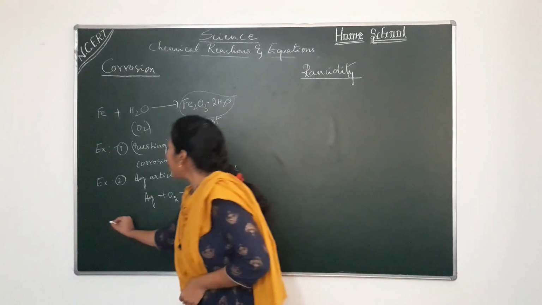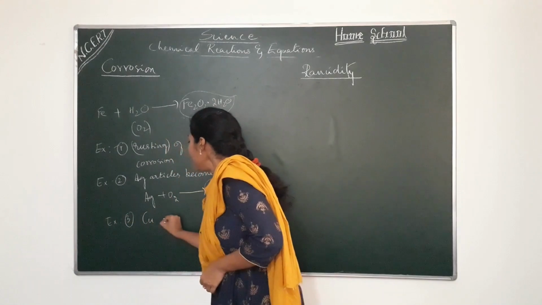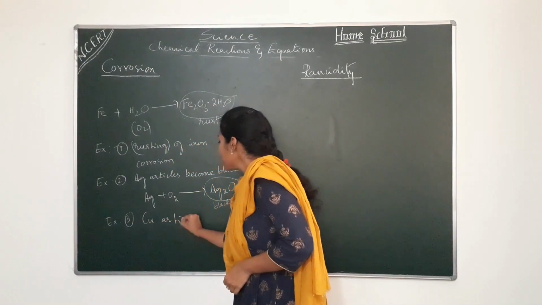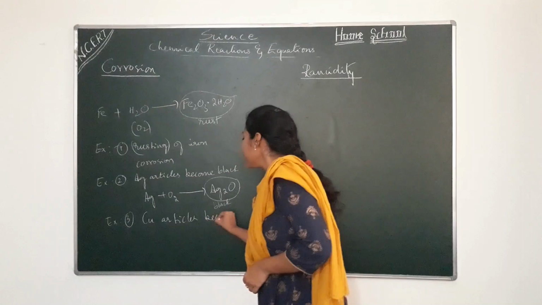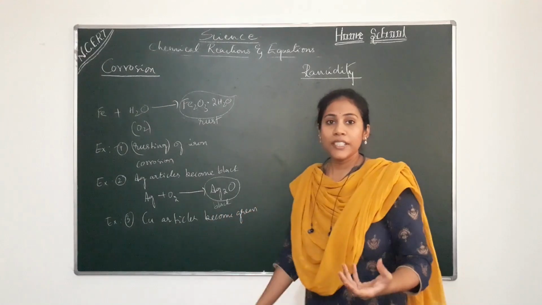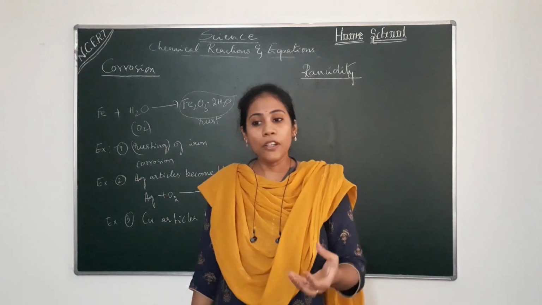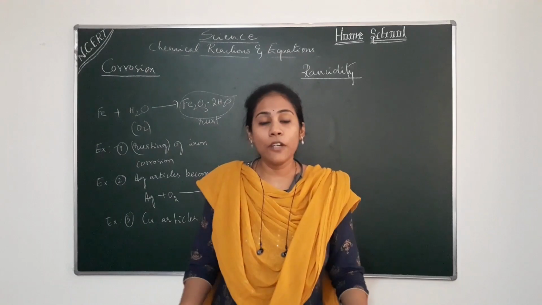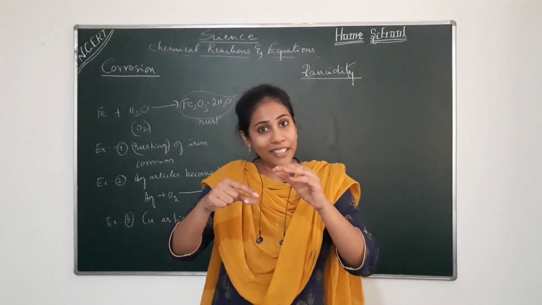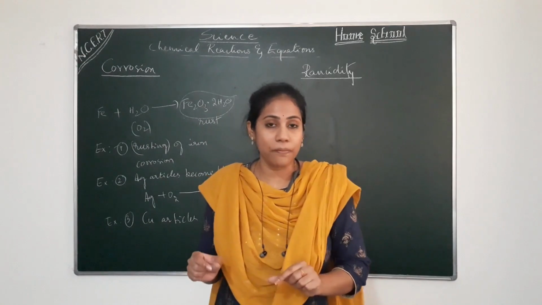And the third example that you have to remember is copper articles become green. Yes or no? Copper articles, you know the color of copper, a shiny brown color. Many days when you keep it outside, slowly a green coating will appear. It will become greenish.